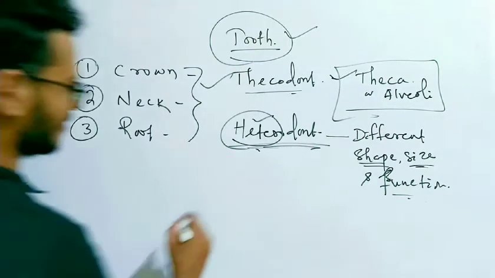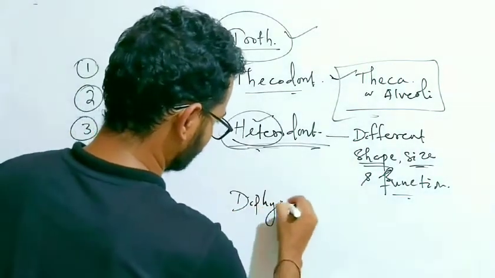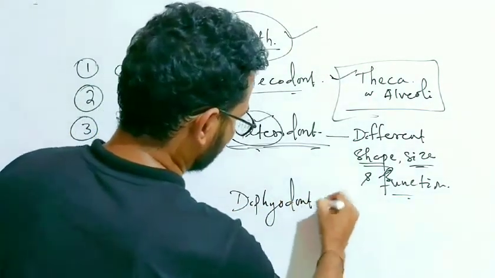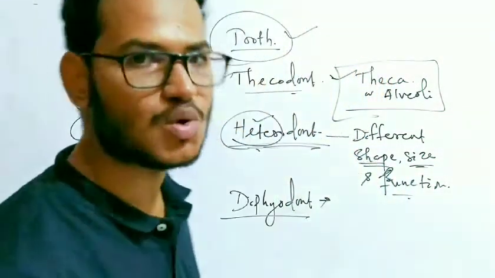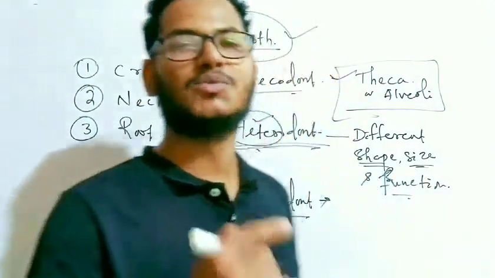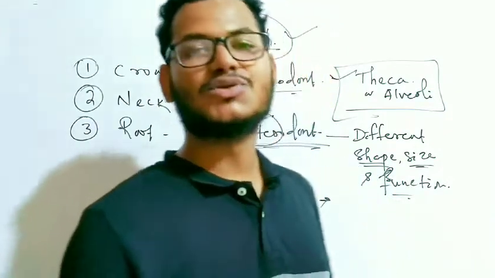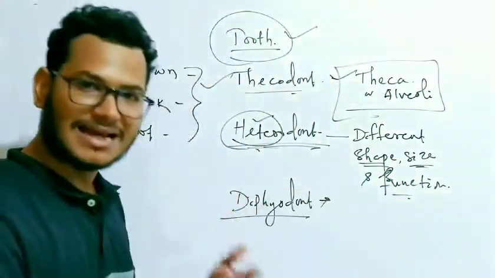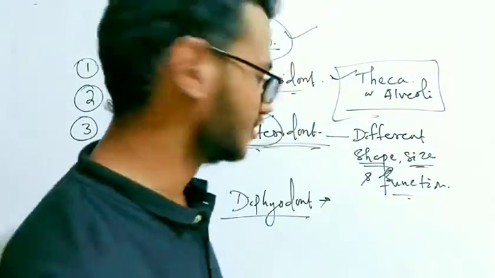Finally, we will talk about diphyodont. It is called so because it appears twice in our lifetime, once as milk teeth and once again after the milk teeth disappear, the teeth reappear, which are known as the permanent teeth.